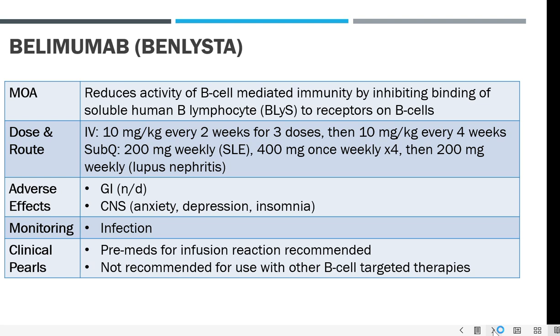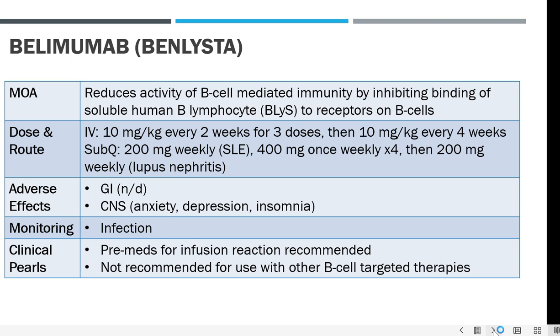You don't need to know that. That's mostly for reference. And there is slightly different dosing for lupus nephritis. Some adverse effects: we have GI symptoms as well as some CNS symptoms. Because this is a B cell agent, we want to monitor for infection, and patients may have infusion reactions, so pre-medications are recommended prior to infusion, and it's not recommended for use with other B cell targeted therapies.